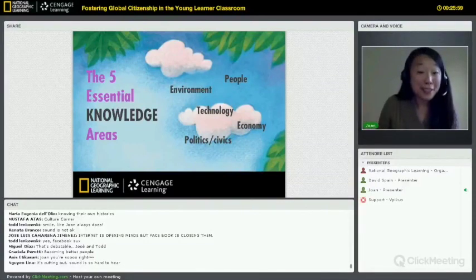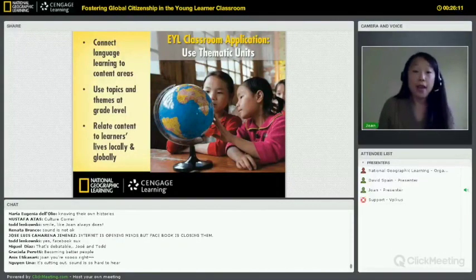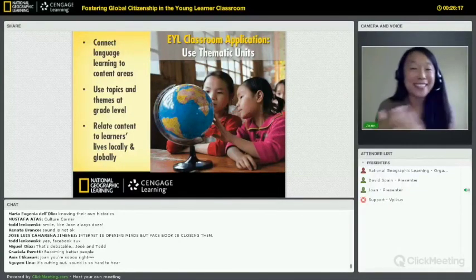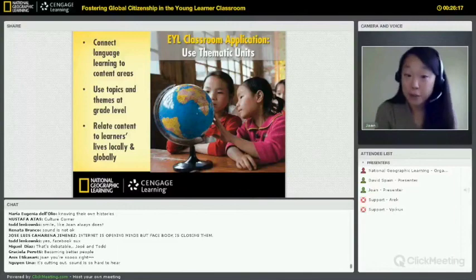Now, in terms of the English language classroom, the application, if you can see on the screen and in your handouts, the idea is we need to expand our knowledge in these areas. That means we're going to connect language learning to content areas. We're going to choose topics and themes that are at students' grade level because these are young learners.